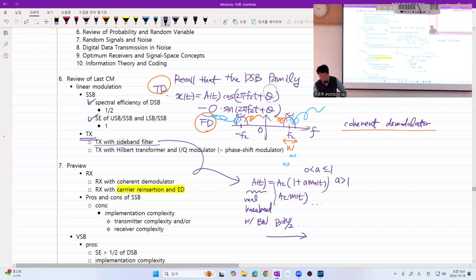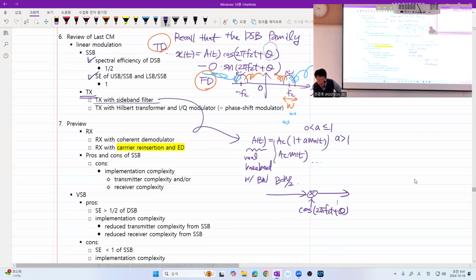Now, this is again simply multiplied by the unmodulated carrier. Then what happens? You have the DSB signal. So the first idea is this one. Let's filter out, for example, the lower sideband. What does that mean?